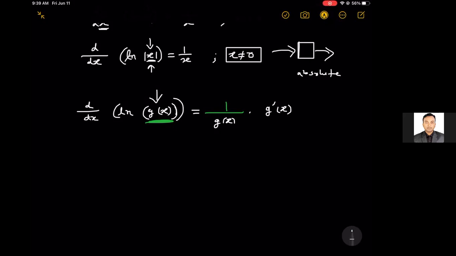Now take your time and see if you have any question. We'll be using this chain rule, as I said, the most number of times in this smallish semester. You can see how we can use this chain rule even with these logarithmic functions, right?